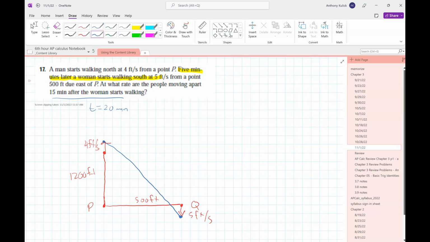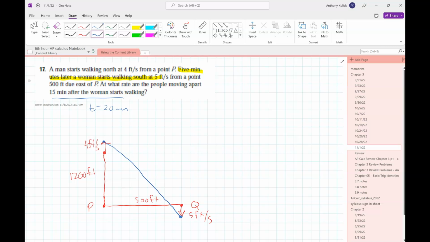And then 15 minutes after that is we're going to start measuring how far they are apart, or the rate in which they're moving apart. She started walking at time 5. And then 15 minutes after that, we're now at time 20.